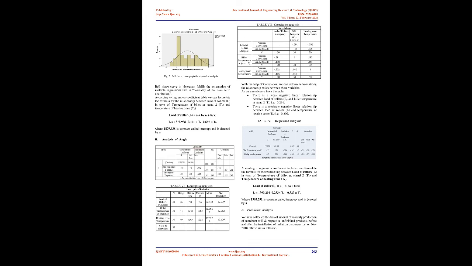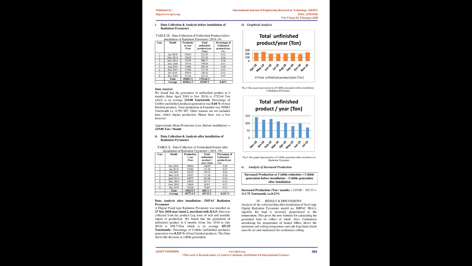2. Analysis of angle. With the help of correlation, we can determine how strong the relationship exists between these variables. As we can observe from the table, there is a weak negative linear relationship between load of rollers, L, and billet temperature at stand 2, Ts, i.e. minus 0.291.